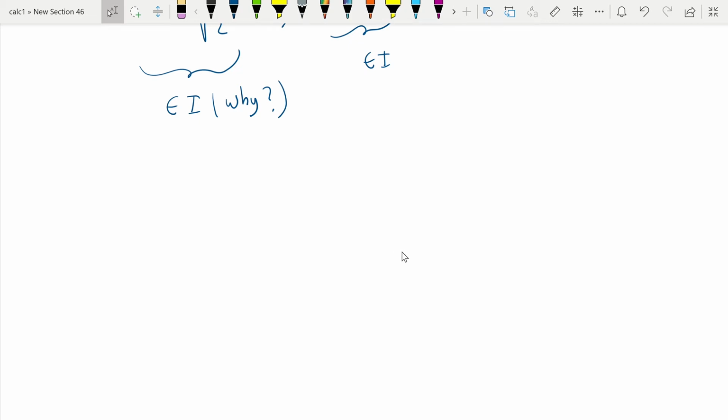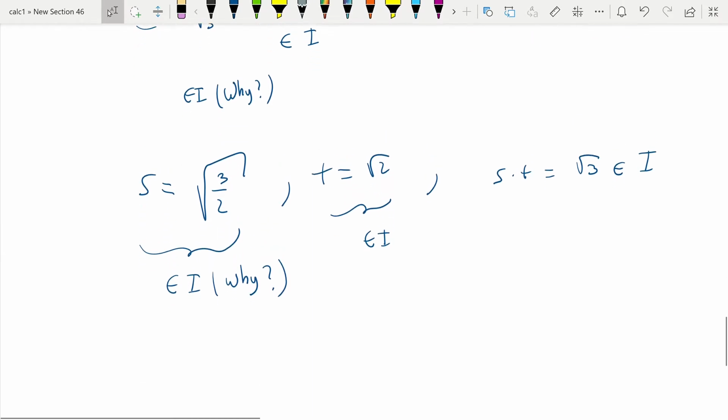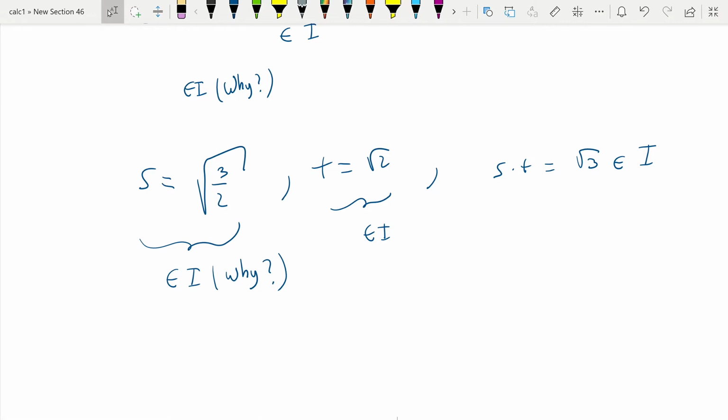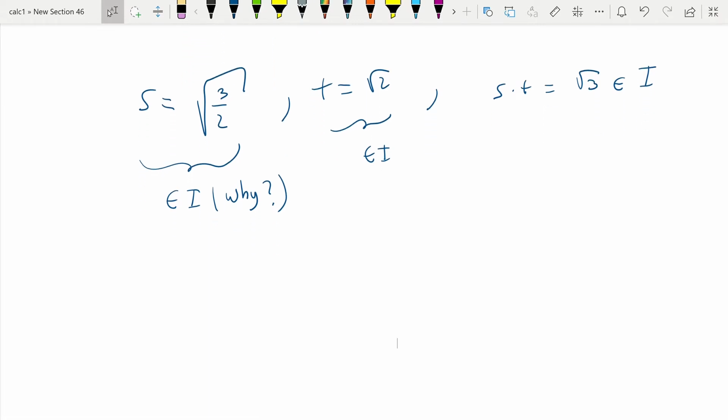Okay, we'll now move on to exercise 1.4.2 from the book. Let me just say, in case some of you find it difficult to show that the square root of 3 over 2 is irrational, that the same argument here works if instead you use s the square root of 3 and t the square root of 2.